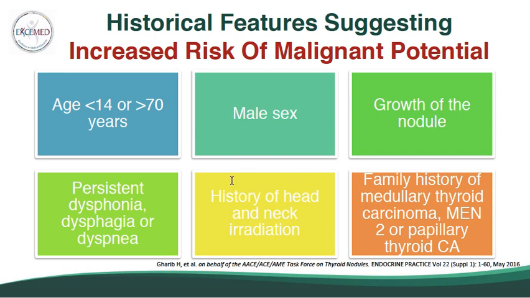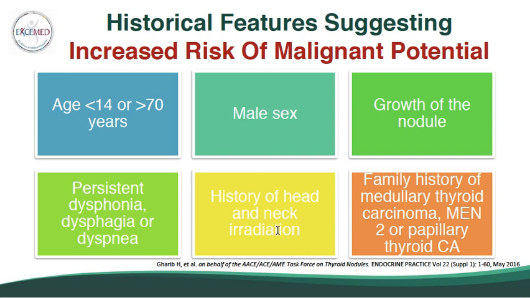So patients who have dysphonia or voice changes, dysphagia, or even dyspnea, especially when they lie down in bed, that also gives you some clues that this may have some invasion into the nearby structures of the thyroid, such as your larynx and your trachea, and that gives you also a clue that the patient has a possible malignant nodule or thyroid mass.